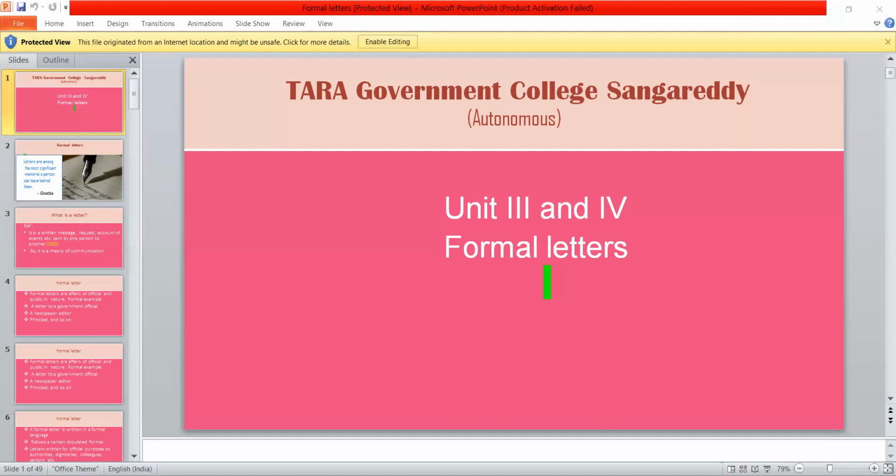Letters are among the most significant memorial a person can leave behind them. This is said by Wolfgang Goethe, a very important German writer. Once again, letters are among the most significant memorial a person can leave behind them. So he defines letters like that.